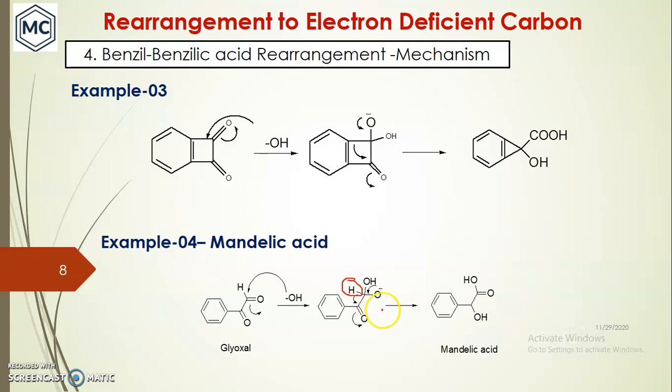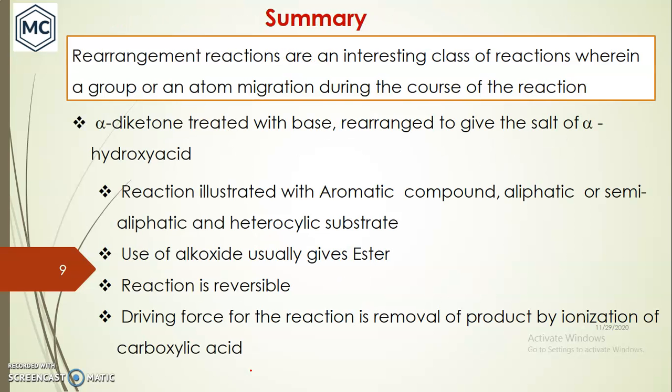This H minus gets migrated, you can see it here, towards this carbon atom right here, and the product is called glycolic acid. So you can convert glyoxal into glycolic acid by the benzil-benzilic acid rearrangement.